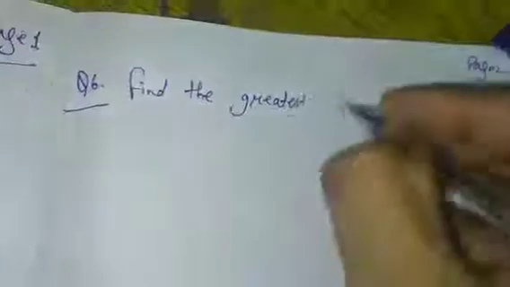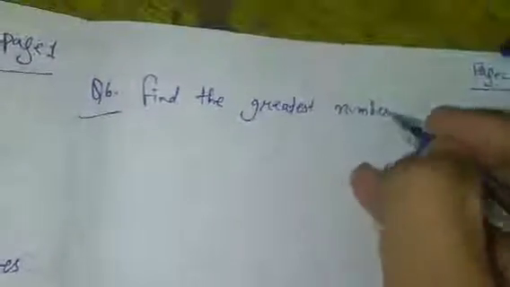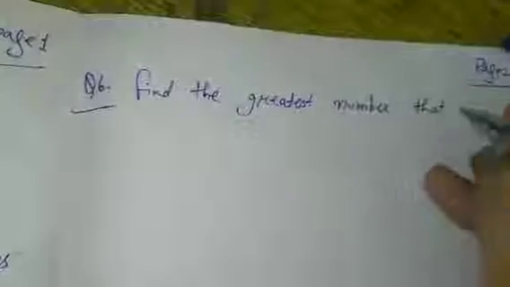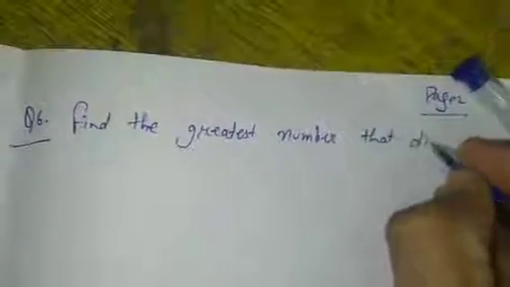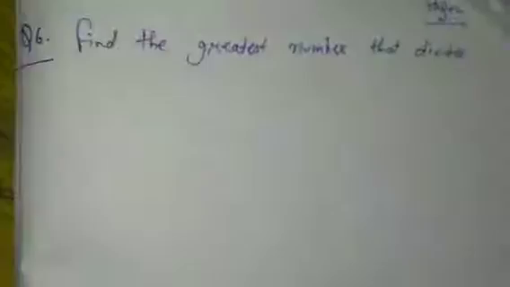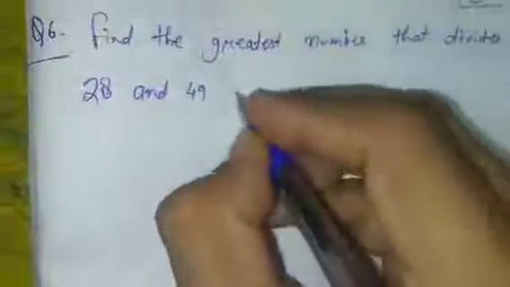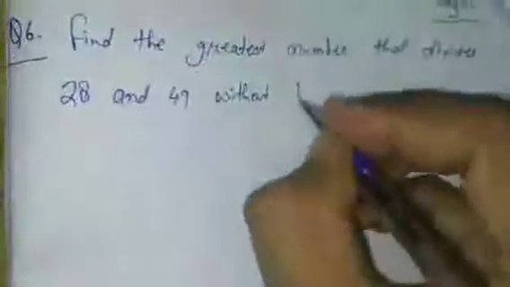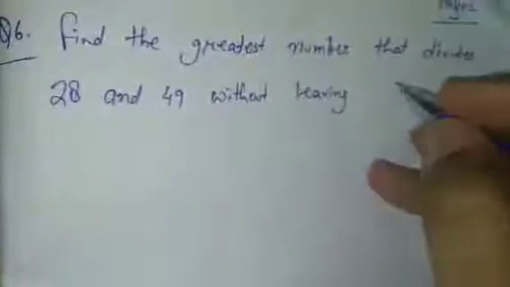Okay, in question number 6 it has been given: find the greatest number that divides 28 and 49 without leaving a remainder.